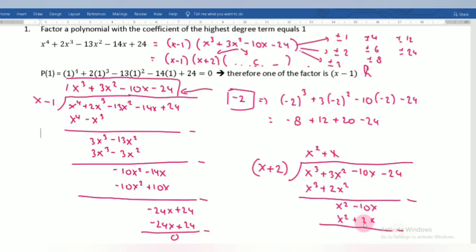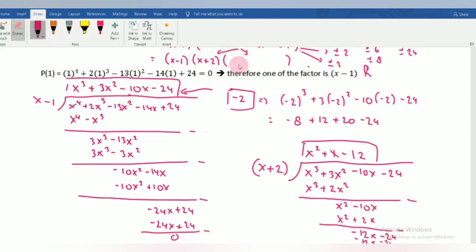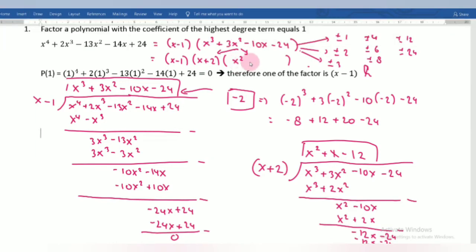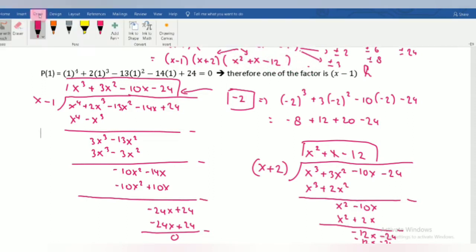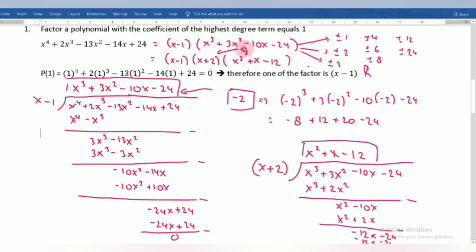When you subtract, it will be negative 12x minus 24, so it is negative 12. Sorry, I'm losing space here. So actually c is x squared plus x minus 12. So if I put it into this one, it will be x squared plus x minus 12. Okay, so I don't know which one is faster.